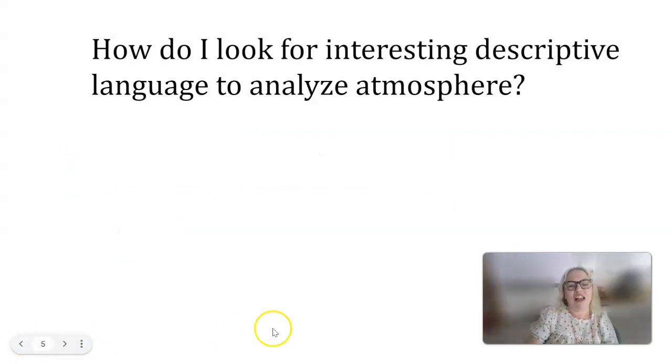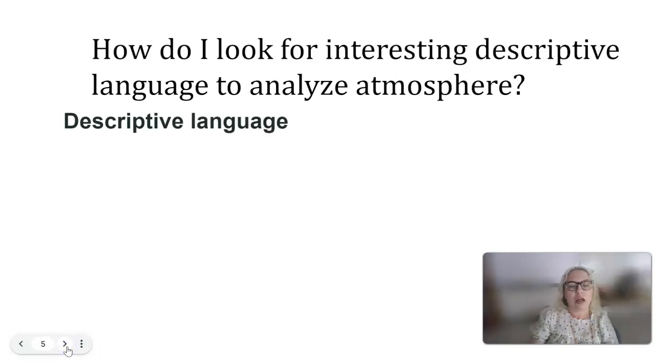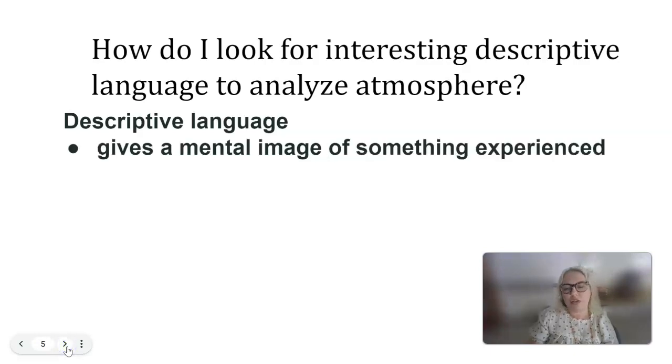And the last question here, until we turn to the actual text, is how do I look for interesting descriptive language to analyze atmosphere? And so the first thing that you're going to want to do is to look carefully at all of the descriptive language that describes, right? This is going to be text that gives a mental image of something experienced. Sounds a lot like imagery, doesn't it?